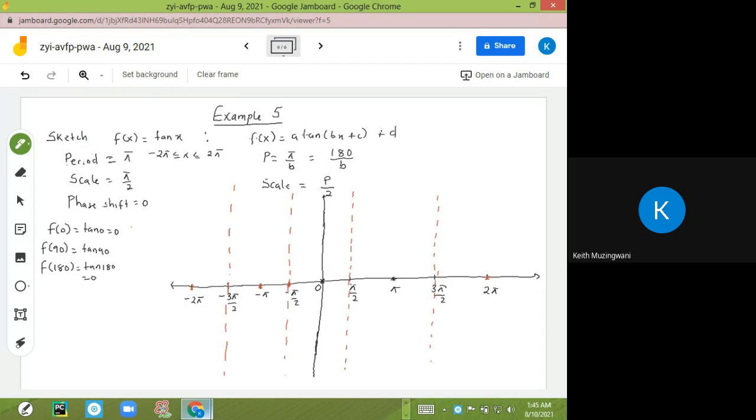Now for tan, have you seen that it has so many undefined lines? So tan takes this orientation. And that's how you graph tan.